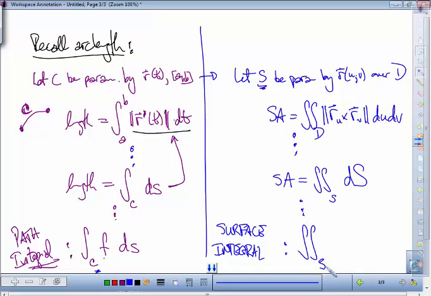This is a double integral over a surface of some function of x, y, and z, dS, where S is the surface area element. And to work with that surface area element, we need to change it into this parameterization cross product business.